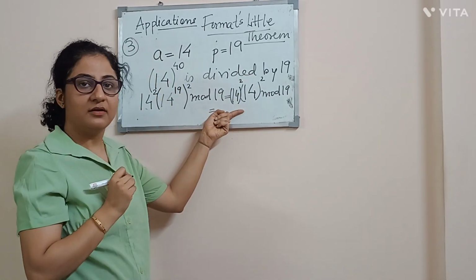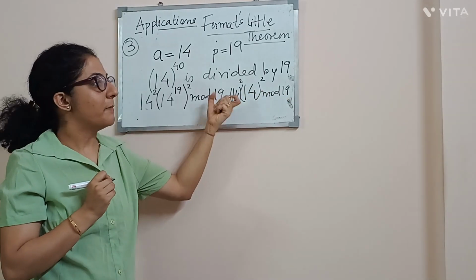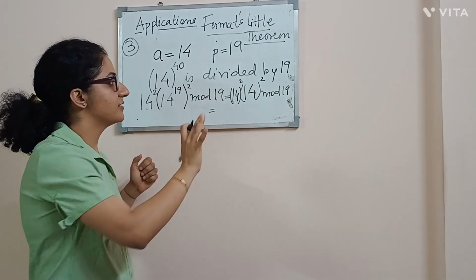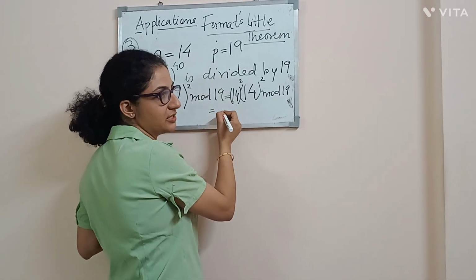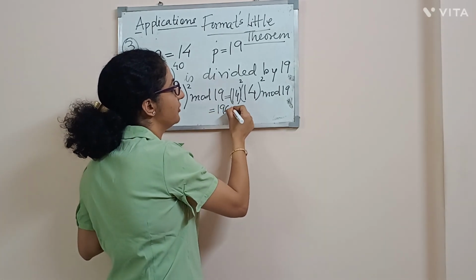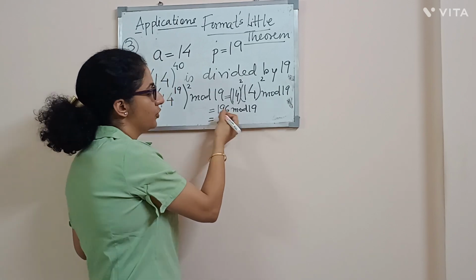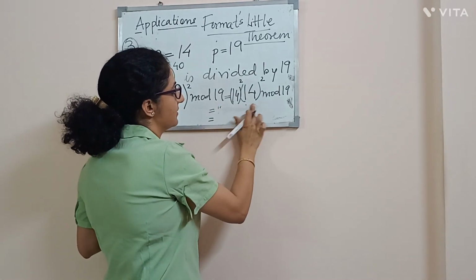So you just square it, reduce by 19, square it, reduce by 19, multiply it, you would get the answer. I hope you are getting this. 14 square is basically 196, right? So 196 has to be reduced by 19. So if you find it, you would try to get the remainder, it would be coming out to be 6.